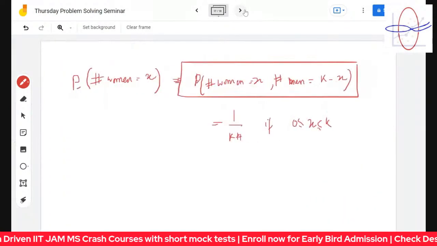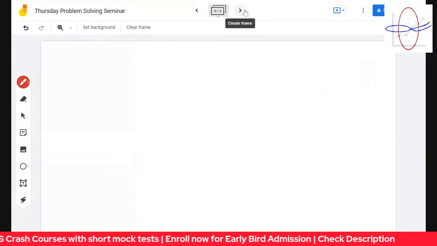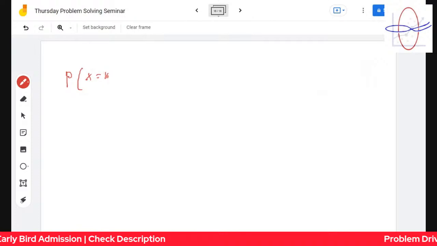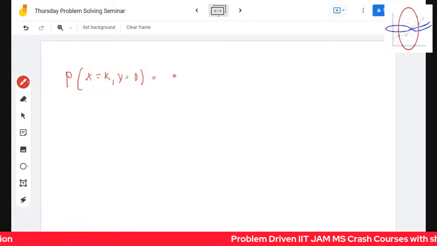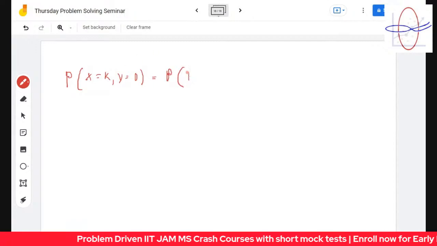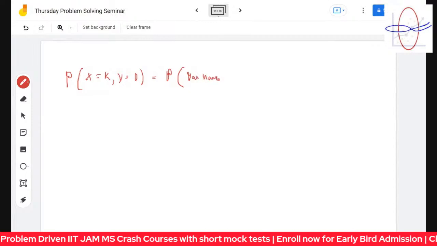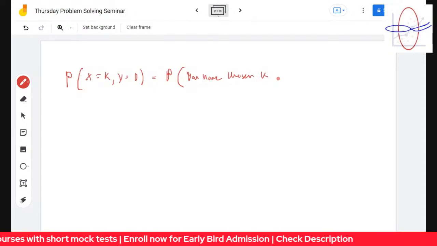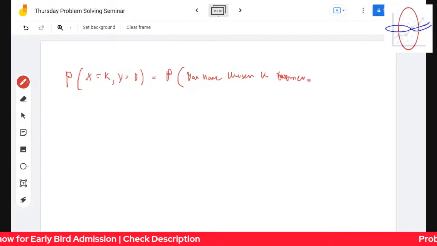So the way I have done it wrong is this: the probability that X is equal to K and Y is equal to 0 actually means the probability that you have chosen K women and 0 men.